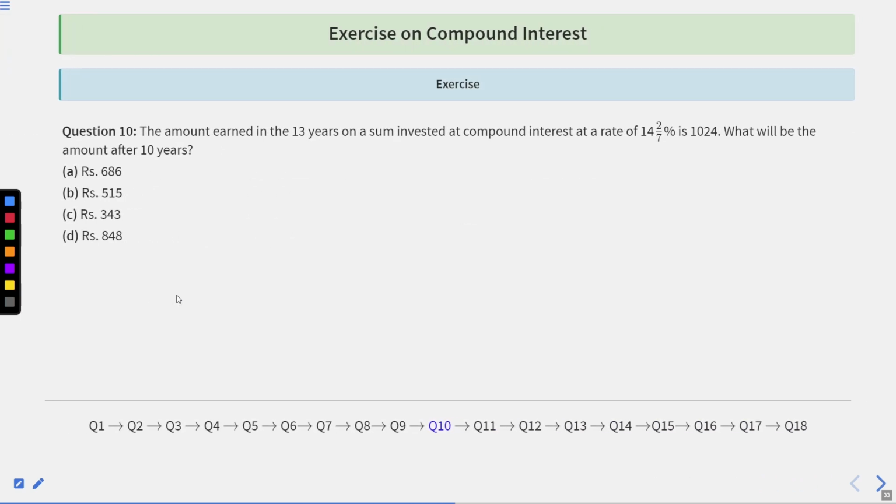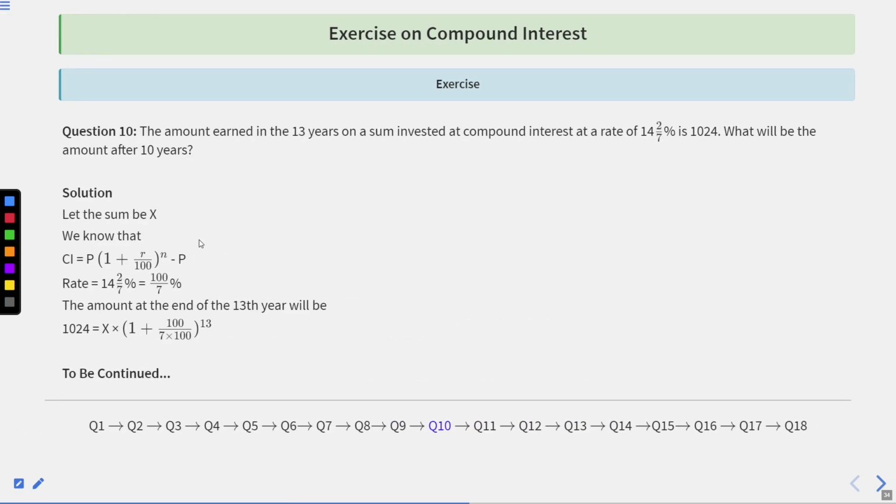Question number 10. The amount earned in 13 years on sum invested at compound interest at a rate of 14 2 upon 7% is 1024. What will the amount after 10 years? So the solution, let the sum be x.